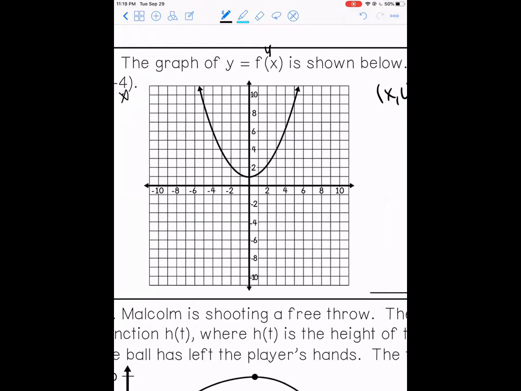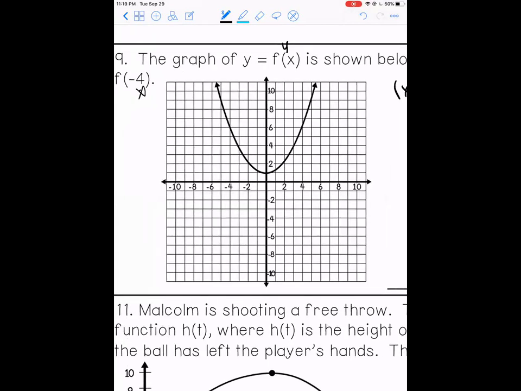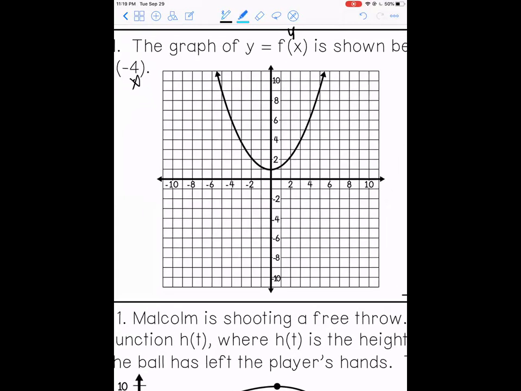If we're looking at x of negative 4, I'm going to go find x of negative 4. So where on this function does it hit negative 4? What y value does our function hit when x is equal to negative 4?